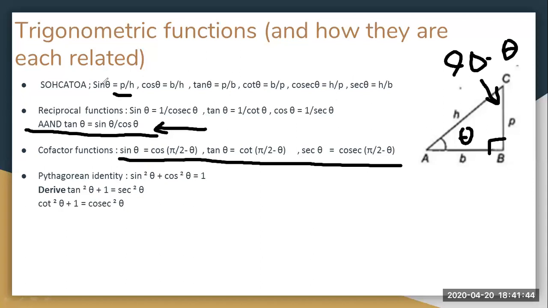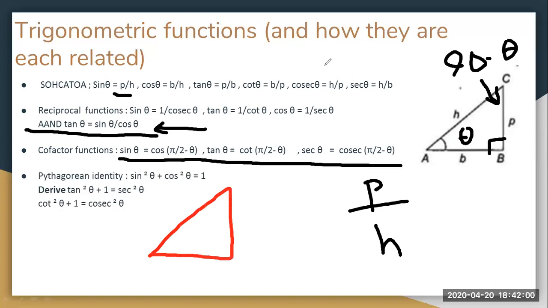Yeah, P by H. Now what we are going to do is take the same triangle, but put this on the bottom. So this is C, this is A, this is B, and roll it over.